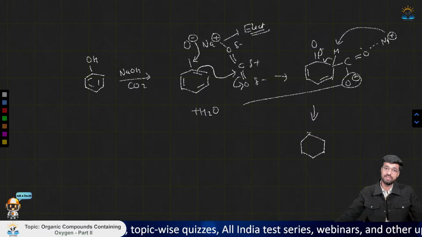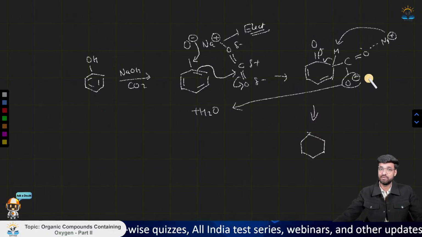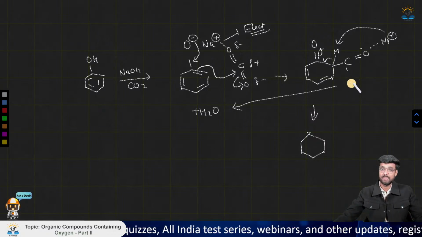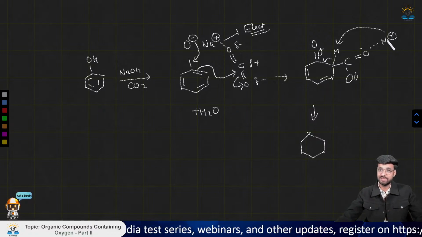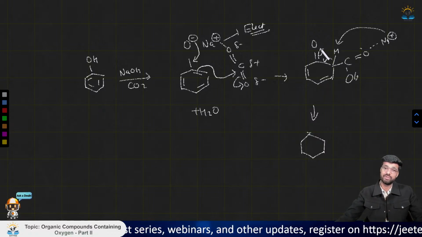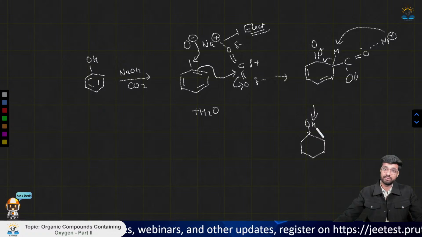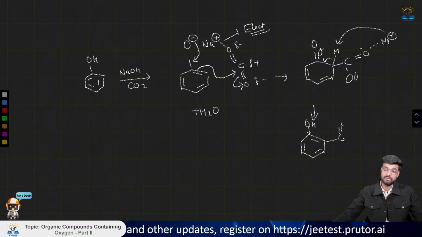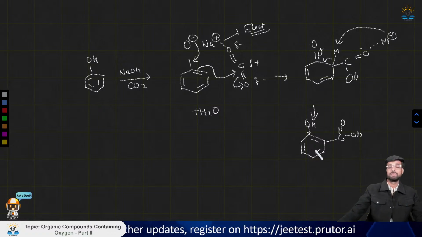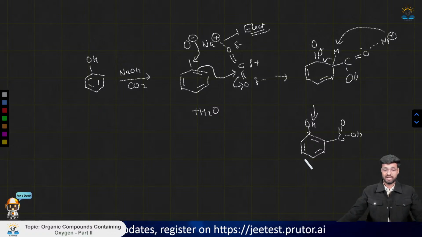So this will be protonated by this H2O, and we will get OH here. Now at last, since Na plus is present here, it will take this proton from here, and we will get this OH, H, and C double OH. So this is the final product that we have here.